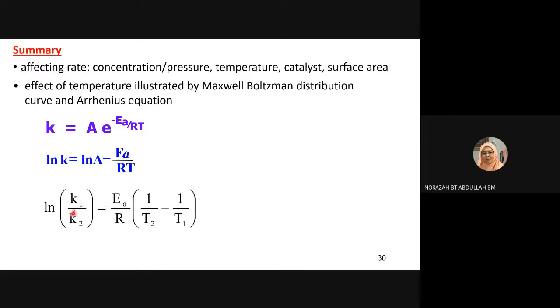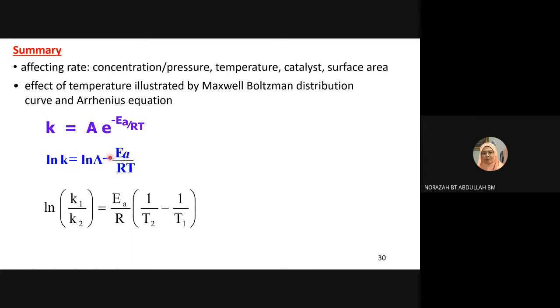So kalau kata diberi data yang banyak, nilai K dan nilai T kena convert dalam Kelvin dan kamu plot lah ln K versus 1/T. Jadi kamu akan dapat mencari nilai EA.